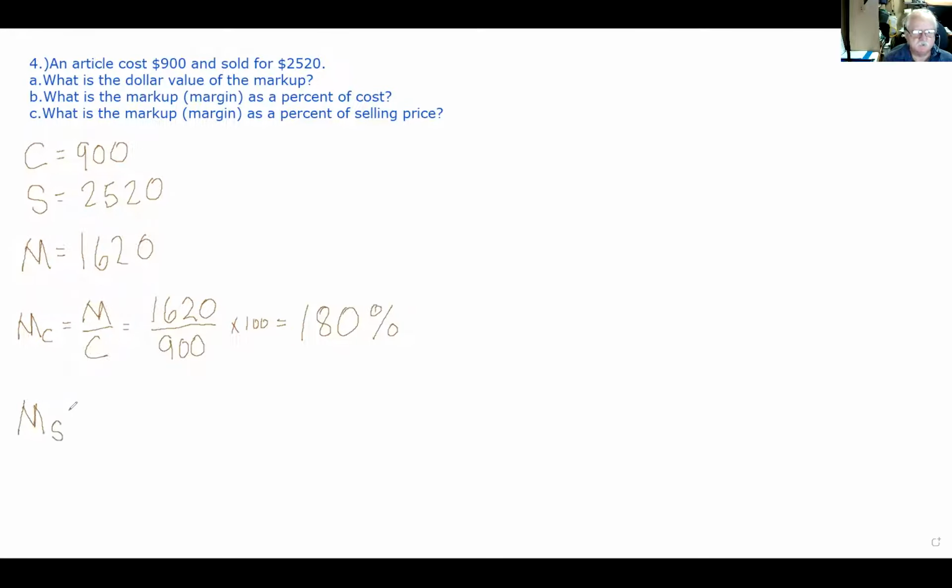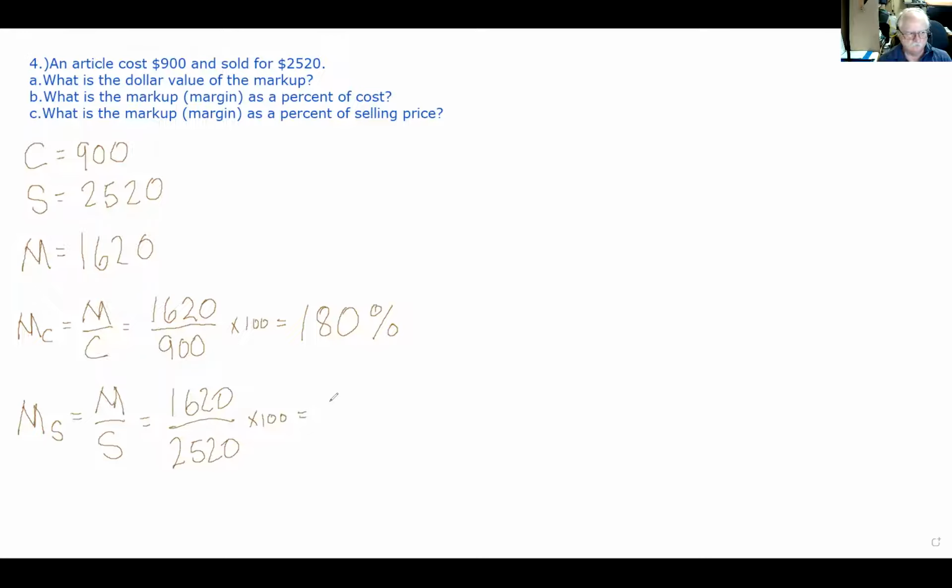Markup based on selling price for our purposes is markup divided by selling price, 1620 over 2520 times 100. So 1620 divided by 2520 times 100.